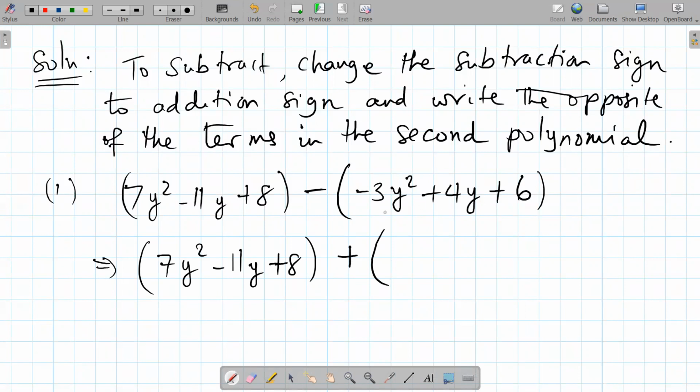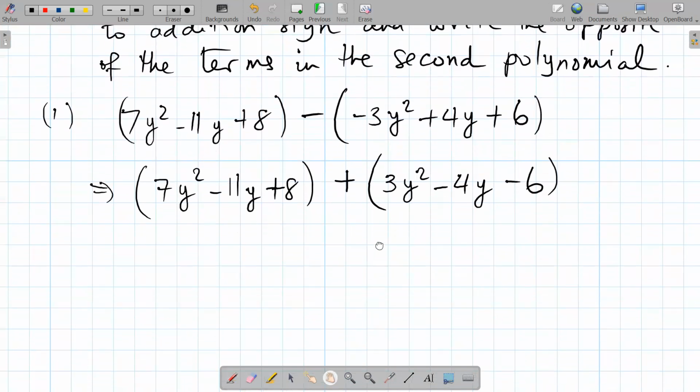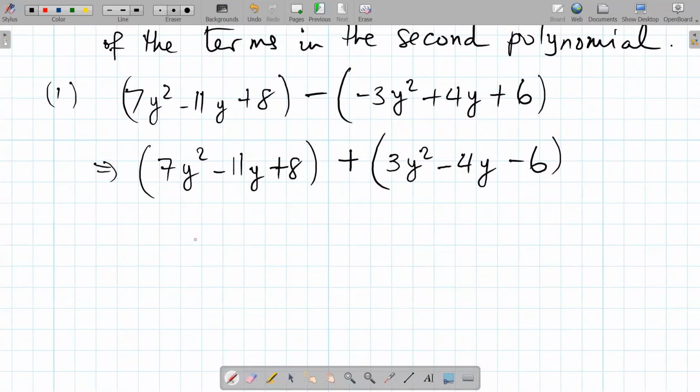This is negative, so it's going to be plus. This is plus, it's going to change to negative. That will equally change to negative. Okay, now that I have it this way, I can go ahead and add up by collecting terms.